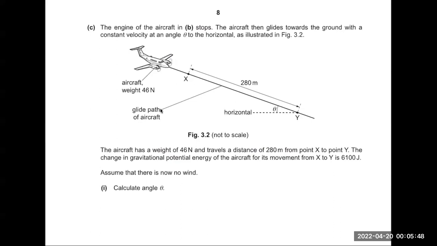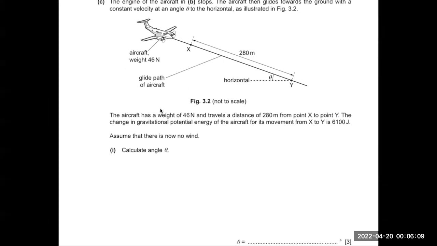The aircraft has a weight of 46 newtons and travels a distance of 280 meters from point X, from this point, to point Y. The change in gravitational potential energy of the aircraft for its movement from X to Y is 6,100 joules. Assume that there is no wind. Calculate the angle theta.